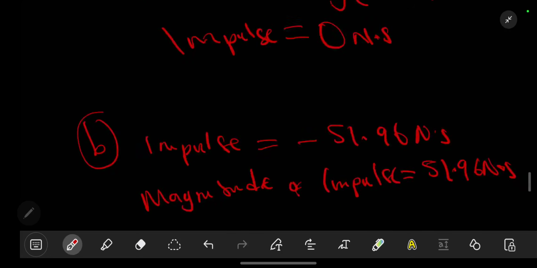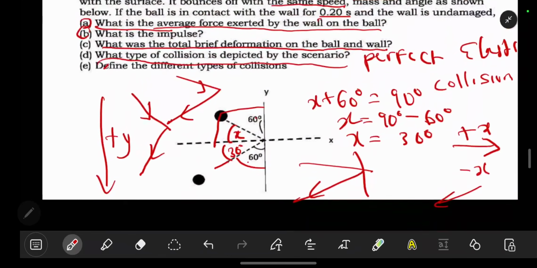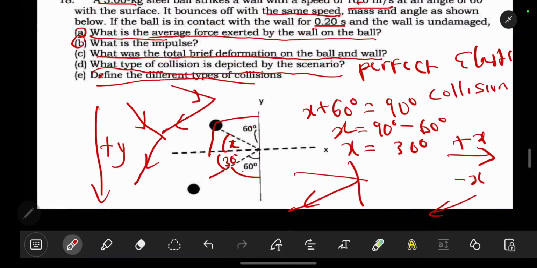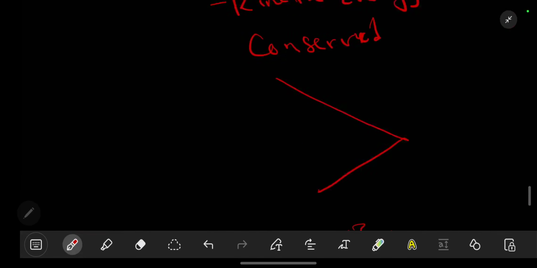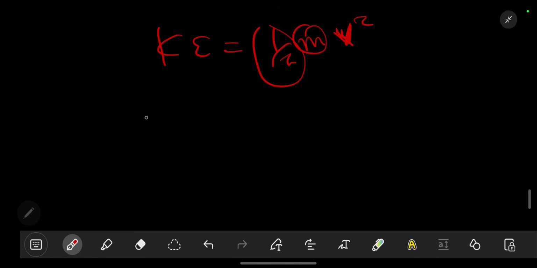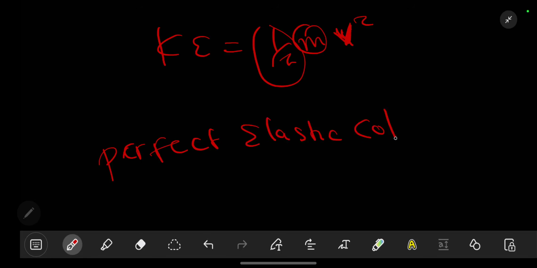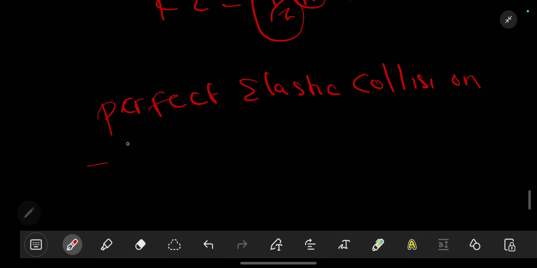Last but not the least, for this problem, we are going to define the different types of collisions, though we wanted to go into collisions in a different video, but we can define them. So we have perfect elastic collision. Under this one, they do not stick to each other.